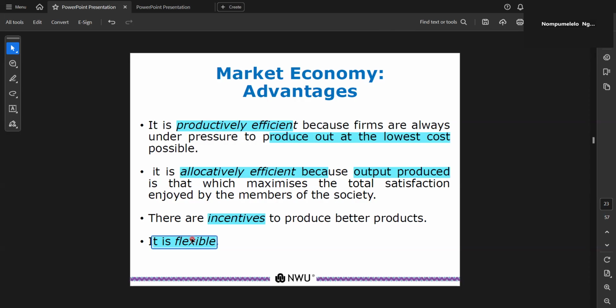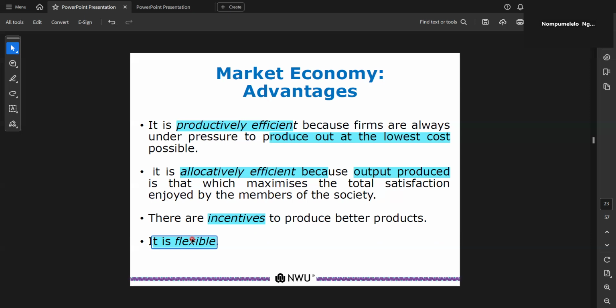Also, you can just decide tomorrow that no, I'm going to start selling ice cream because it's hot these days. Also, if you don't want to sell, you can just shut down your business. If you want to expand and add another product, let's say you're selling ice cream, now you want to add umbrellas because sometimes it's raining here, then you also sell umbrellas. So a market economy is very flexible.